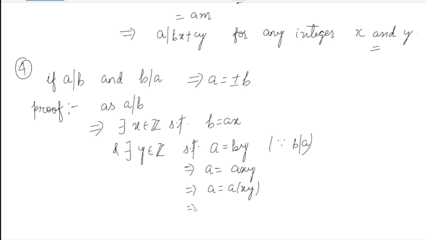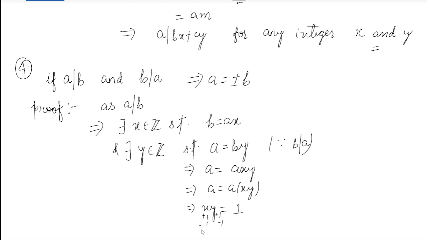This implies XY is equal to 1. Here X and Y belong to the set of integers. Then the possible values of X and Y are plus 1 and minus 1. So the possible values of X, Y are only 1 and minus 1.